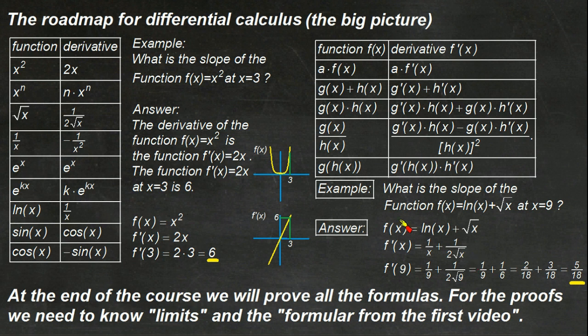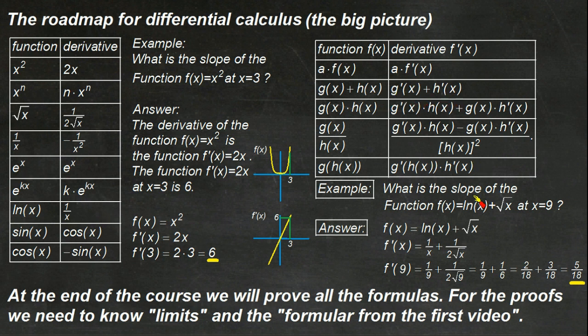In the next step, which is step number 2, we must use this table. Okay, let's use this table. The given function is the sum of 2 functions. And the table says if the given function is the sum of 2 other functions, you must add the derivatives.